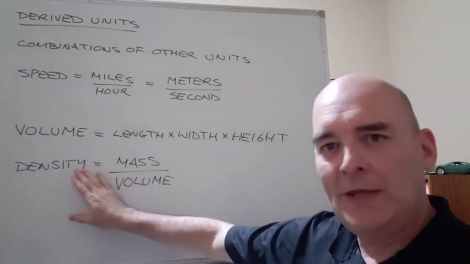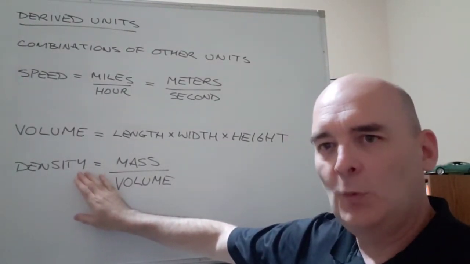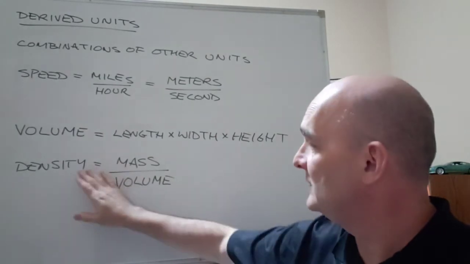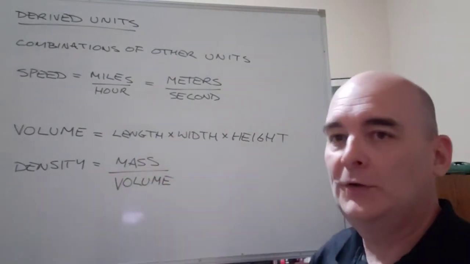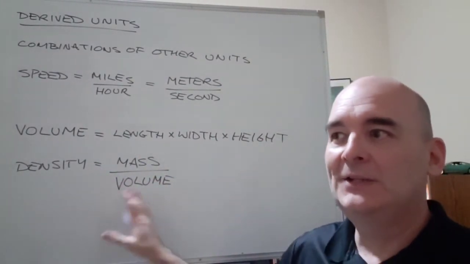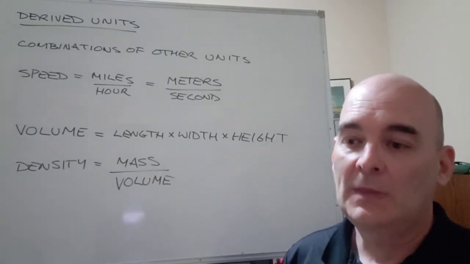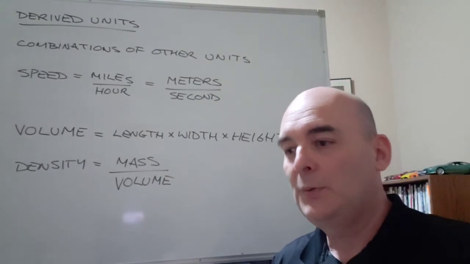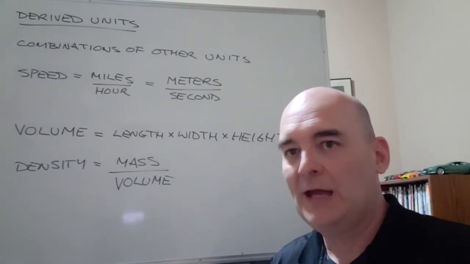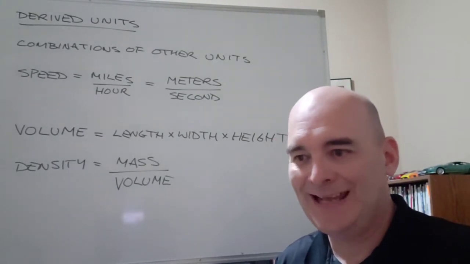One of the things that we will actually dwell on in chapter 1 is density. Density is mass per volume. And it turns out that the ancient Greeks discovered that pure materials have a characteristic density.